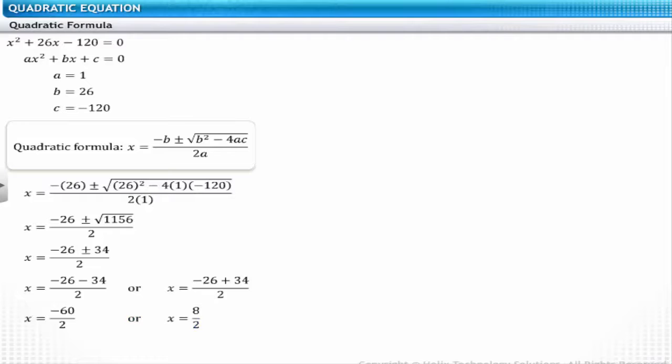On simplifying, you get x is equal to minus 30, or x is equal to 4.